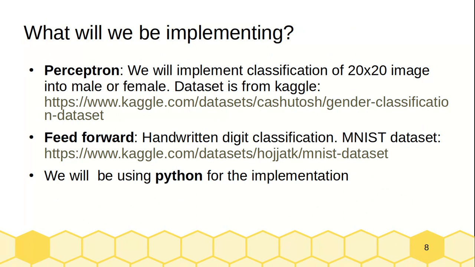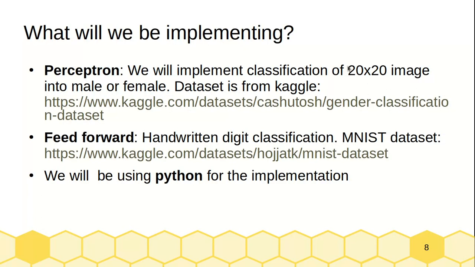In this video we will not be implementing the networks; I'll be uploading new videos for implementing the perceptron and the feed forward network. What we'll be implementing in the perceptron is classification of male and female from an image of size 20 by 20.